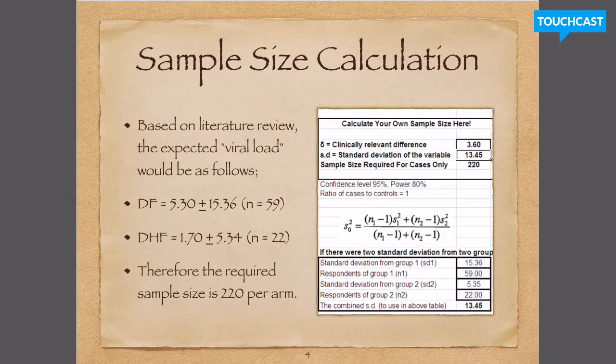Using the usual software to calculate your sample size, you find out that the required sample size is 220 per arm. So basically you need 220 with dengue fever and 220 with dengue hemorrhagic fever.